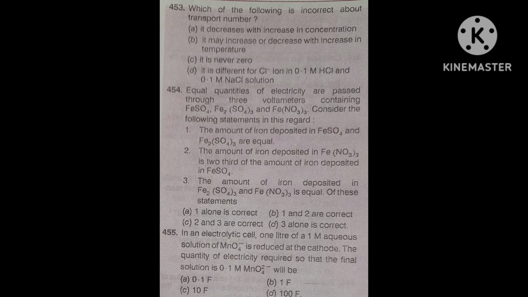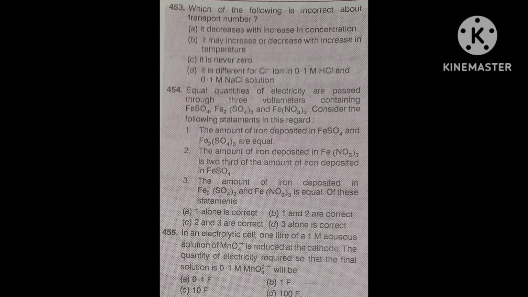Reduced at the cathode means MnO4 has taken 1 electron. Then after taking this electron, MnO4 1 minus will convert to MnO4 2 minus. Correct? Because it has taken 1 electron, now it converted to MnO4 2 minus.